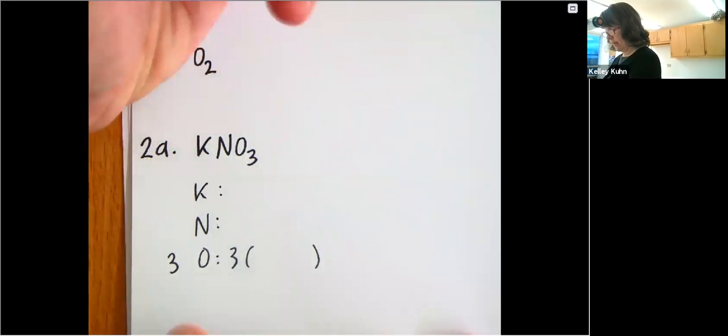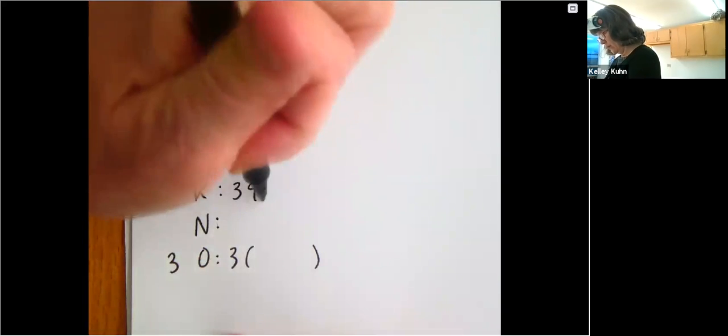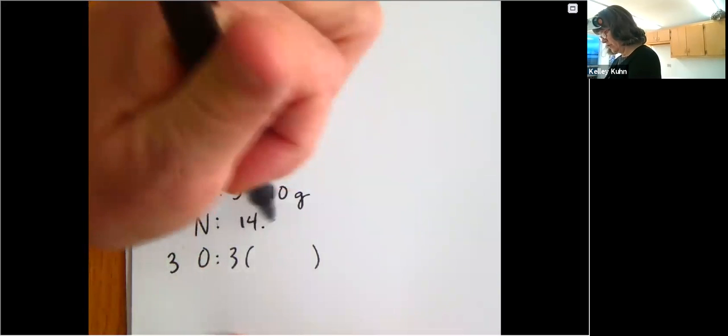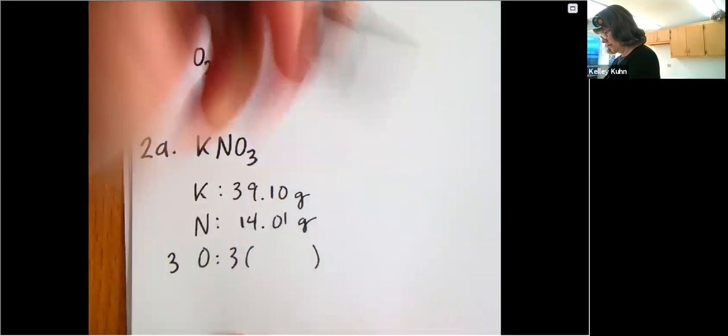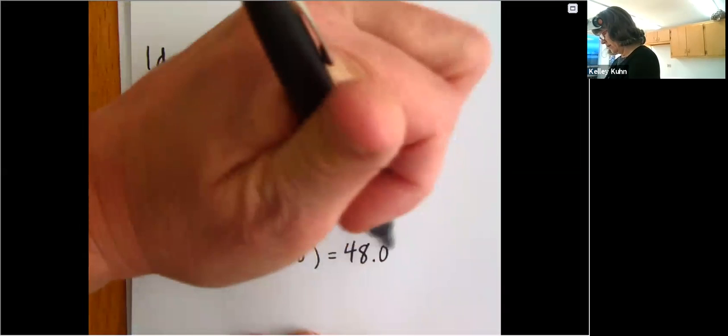Okay, so you've turned it back on. If you looked up potassium, you should have gotten 39.10. If you looked up nitrogen, you should have had 14.01. And if you looked up oxygen, you should have had 16. 3 16s are 48.